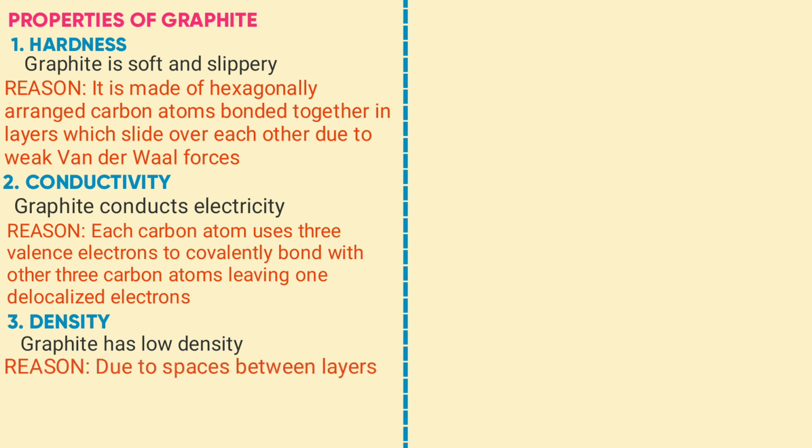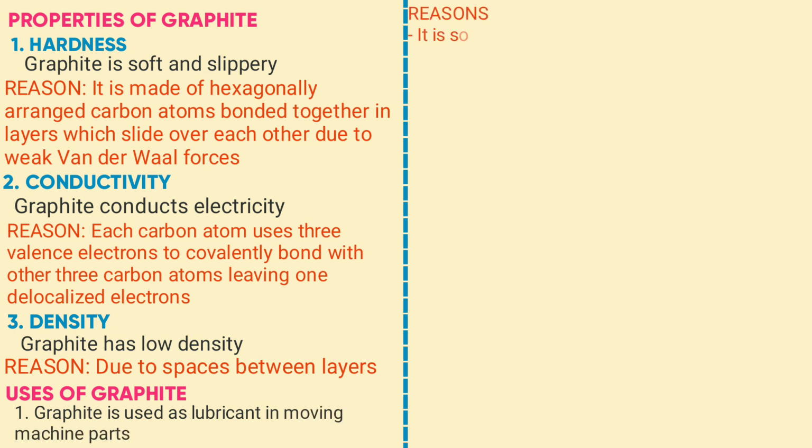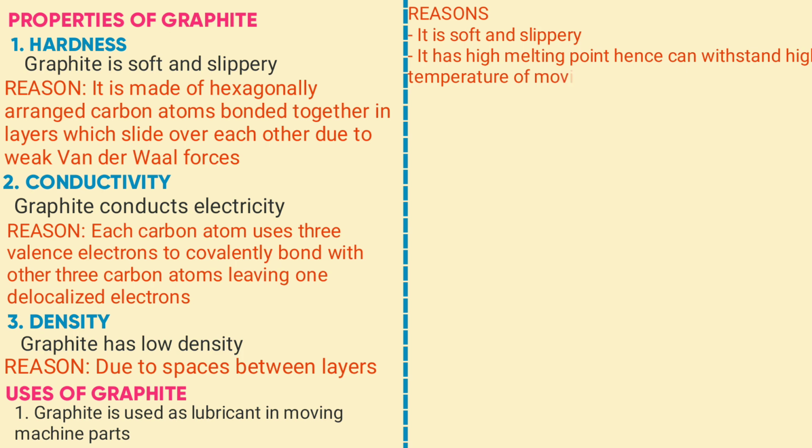Now uses of graphite include: 1. It is used as a lubricant in moving machine parts. Reason: because it is soft and slippery, and also it has high melting and boiling points, which make it withstand high temperatures of moving parts. 2. Graphite, when mixed with clay, is used to make pencil leads.